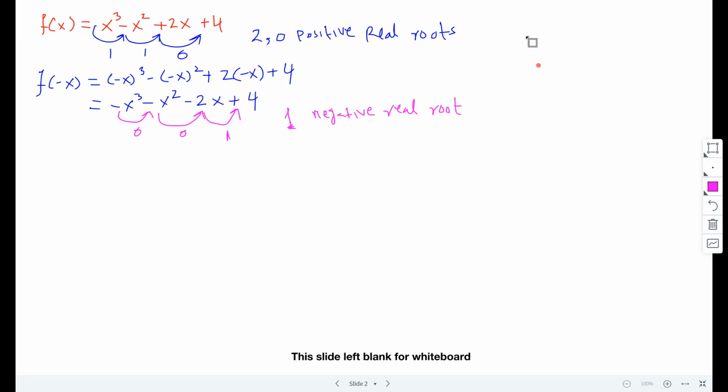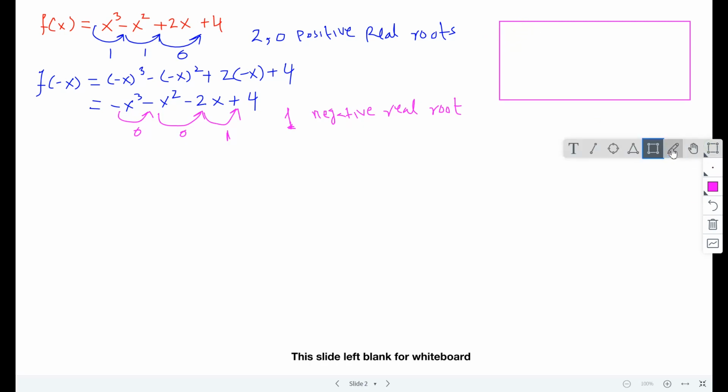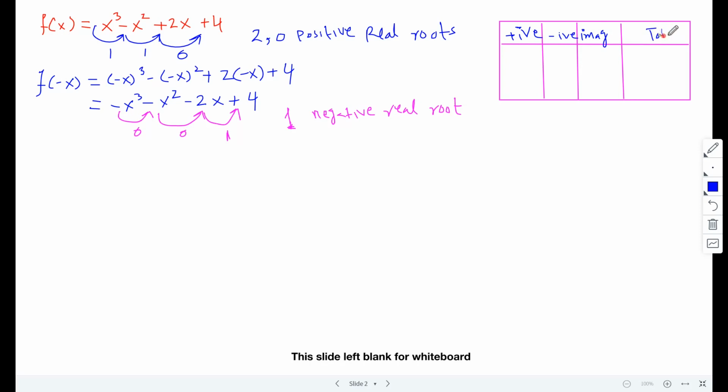So I'll make the table here and write the signs: positive real roots, negative real roots, imaginary roots, and total.